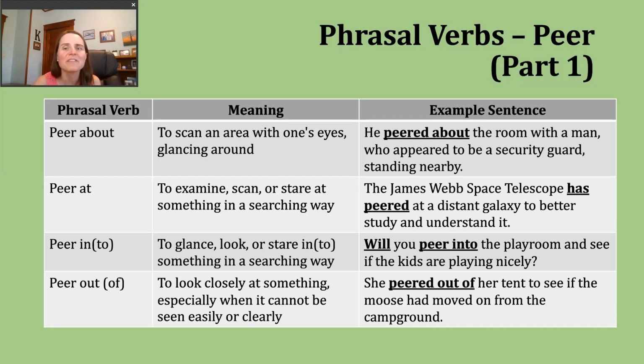So an example of this: the James Webb Space Telescope has peered at a distant galaxy to better study and understand it. Okay. I thought this was a great example sentence. It's in the present perfect, so we're talking about something that started in the past, continues into the present, because I think it illustrates that idea of examining something.